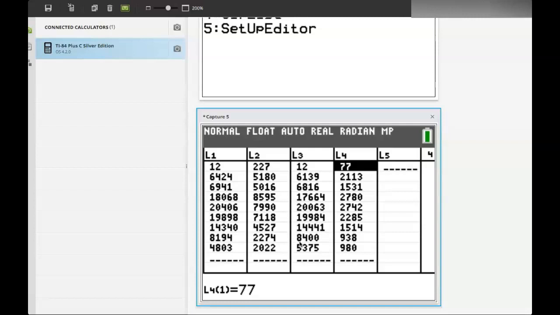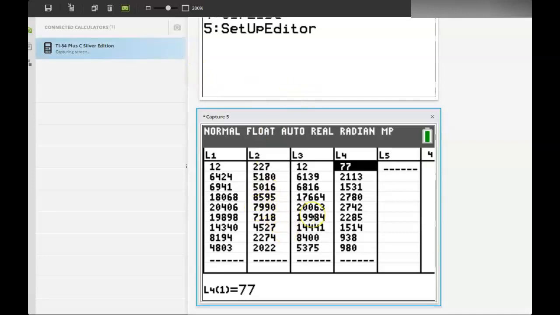Then on top of the second you have Y equals. So press second, then that button, you have Y equals. On top of that, you can see stat plot showing with F1. So stat plot, F1. Press that one.